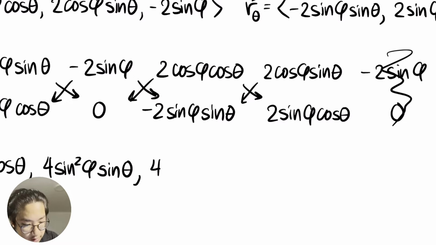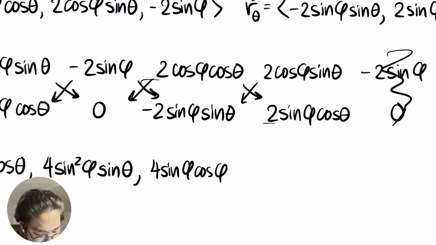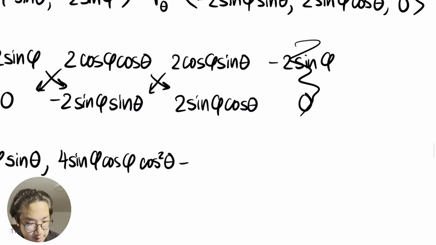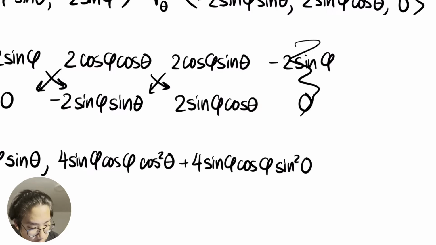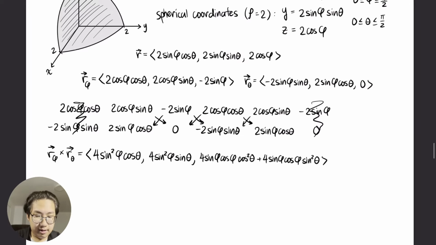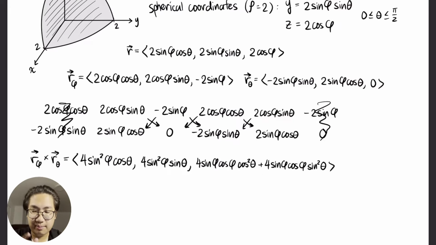So we have 4 sine phi cos phi, and then cos squared theta, minus, here again same idea, we have a negative, so it actually becomes plus, so plus 4 sine phi cos phi, and then sine squared theta, and that's that.